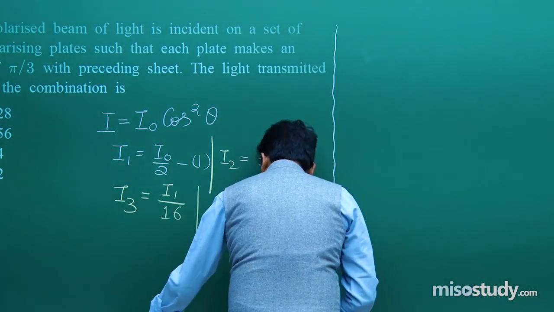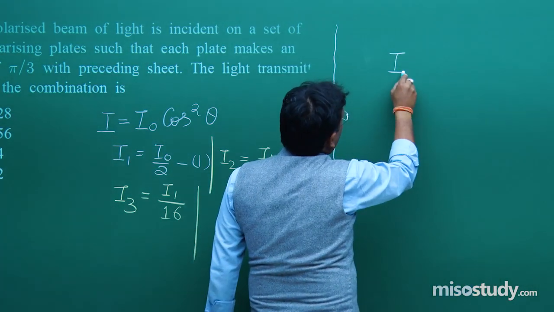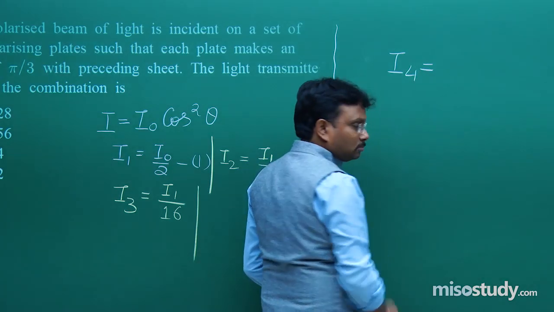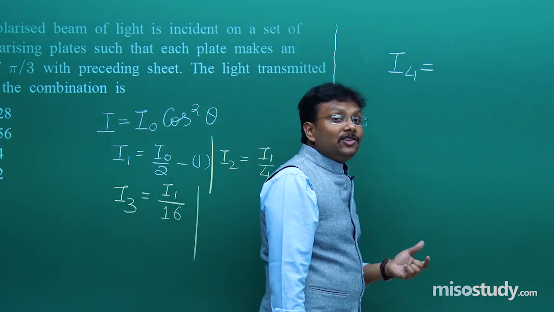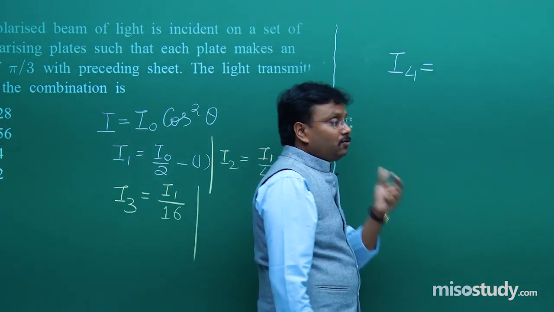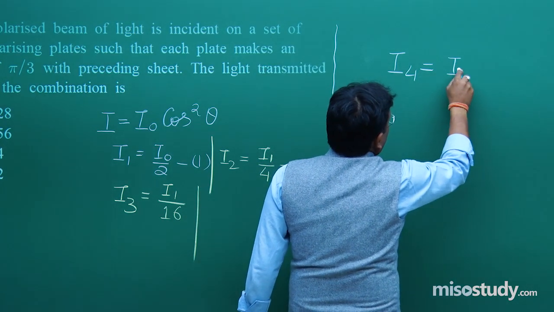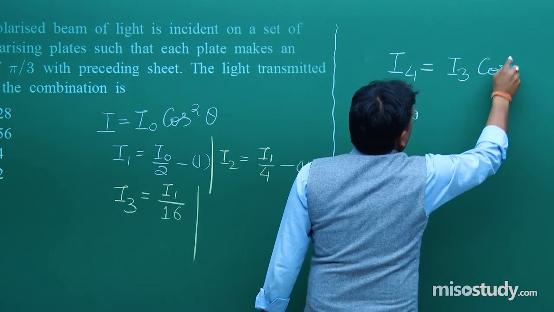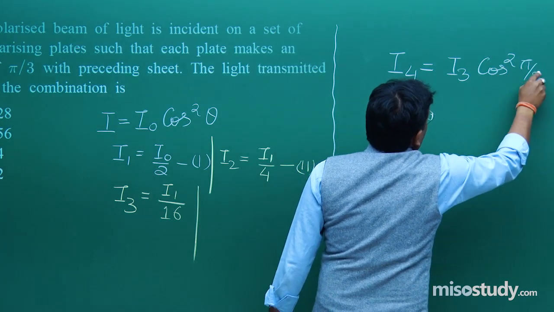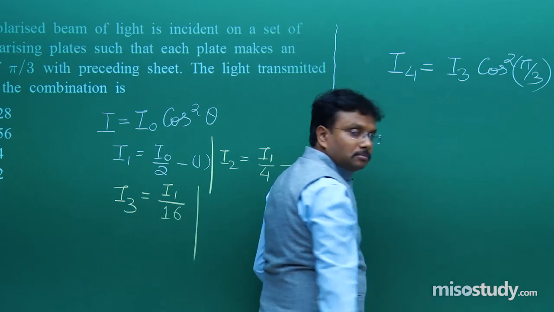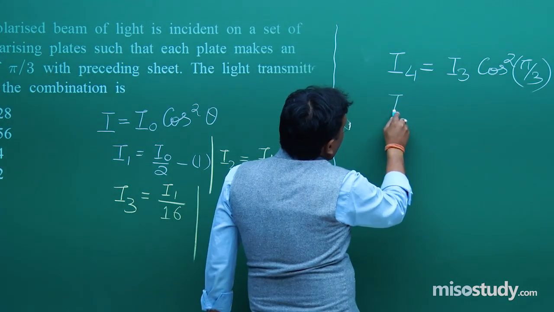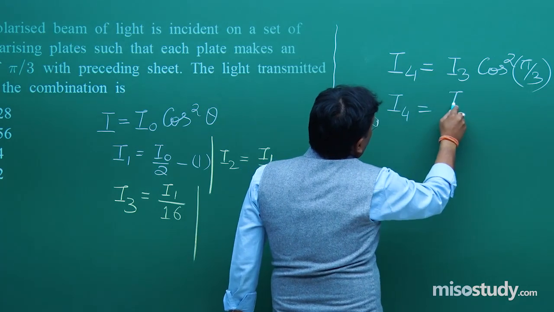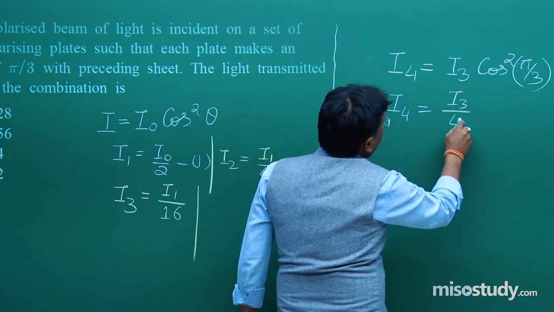I4 is equal to, it is not iPhone, I4. Okay. I4 is equal to I3 cos square pi by 3. So what you will get? You will get I4 is equal to I3 by 4.